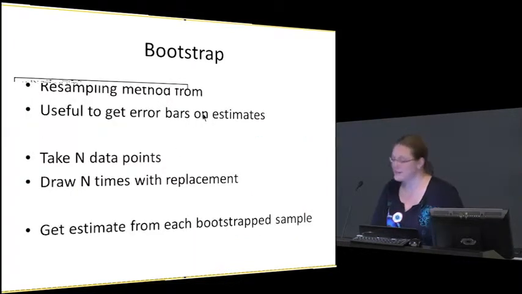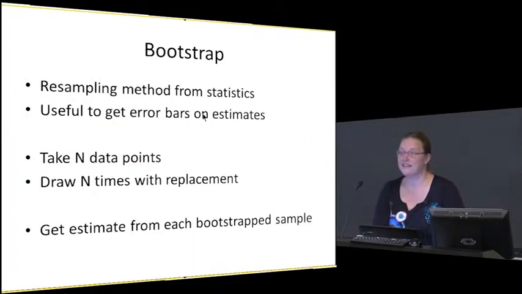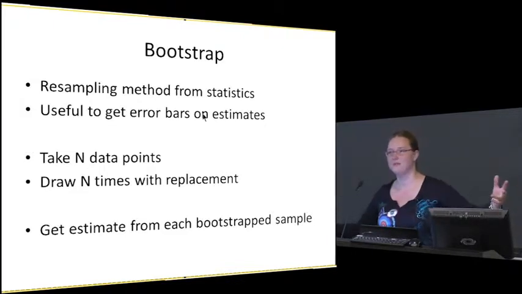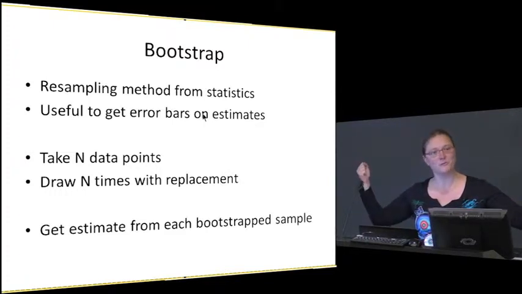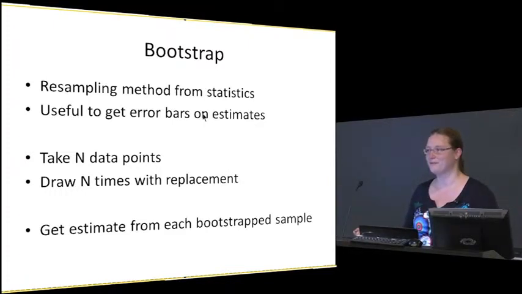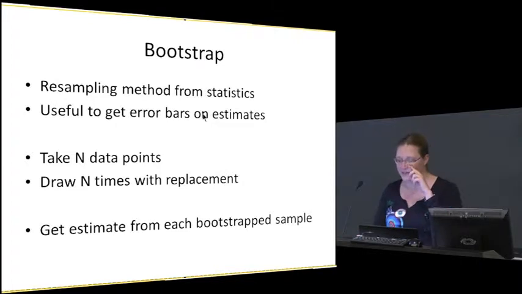Because what you do is you use the data you have and try to make it more, right? You're in the swamp, you don't have enough data points. You try to pull yourself out with all the means you just have there without external tools. So what does it mean? You have n data points, and from these n data points, you draw n times with replacement.